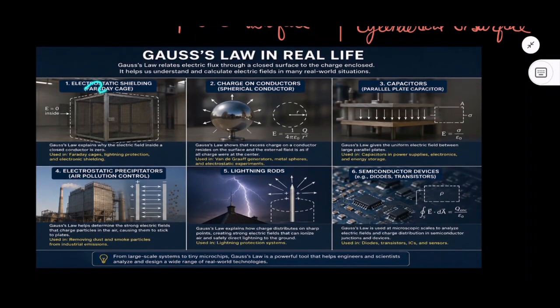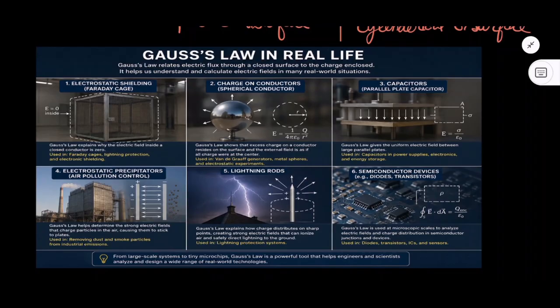We have electrostatic shielding, a very important phenomenon which is also known as the Faraday cage. So how is Gauss law applied over here? It explains why the electric field lines are not present inside the conductor.